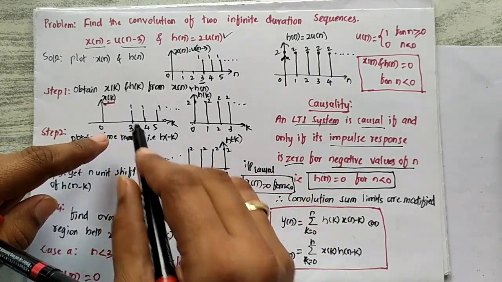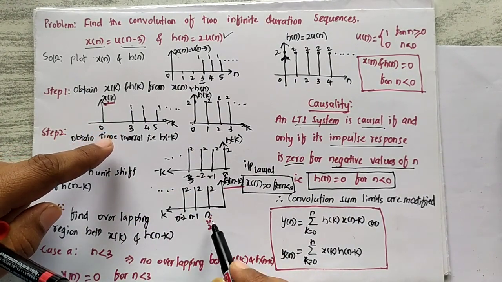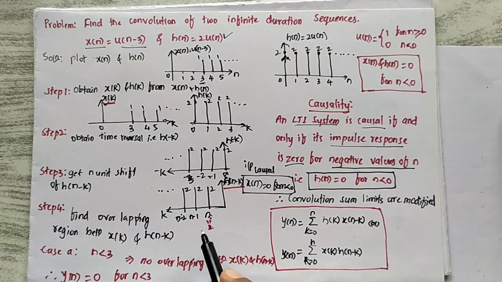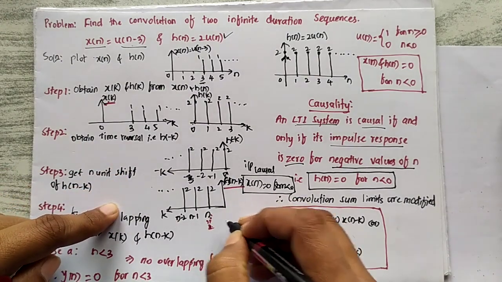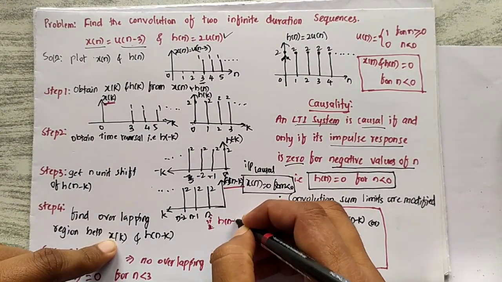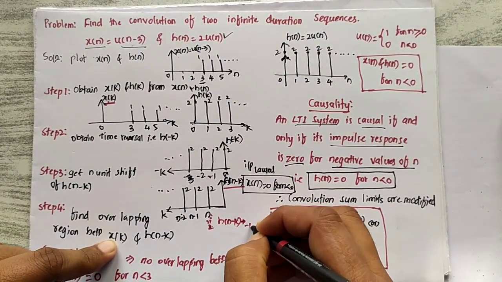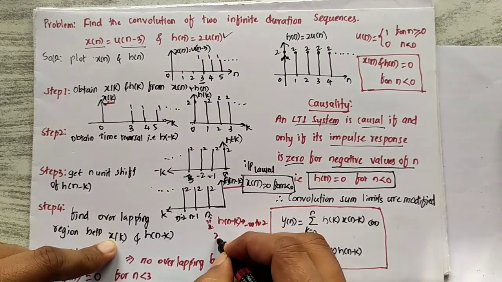So if you want to find the overlapping between them, there is no such overlapping, because it is starting at 2 and goes down. So in other words, h of n minus k will be moving from minus infinity to 2. And what about x of k?